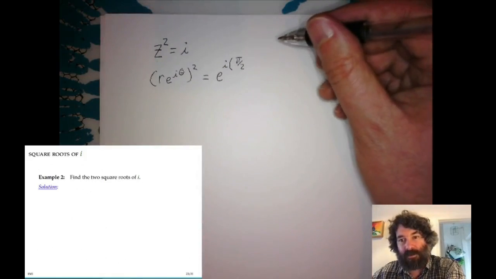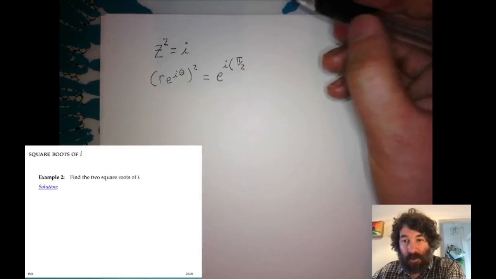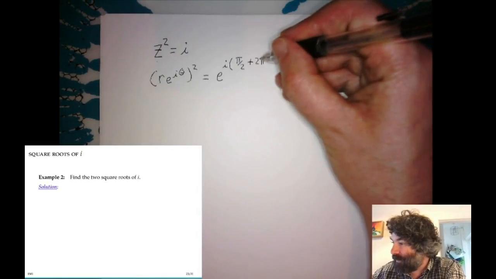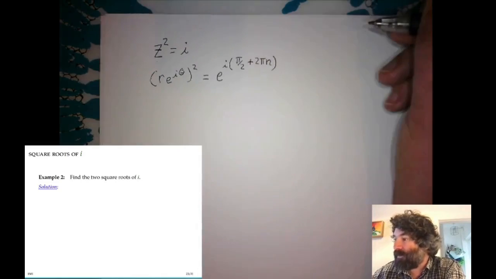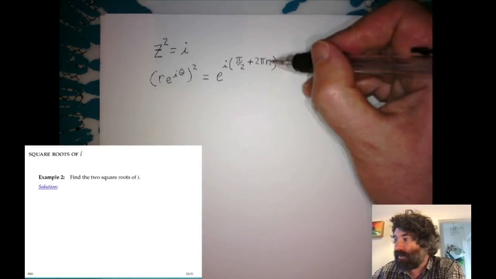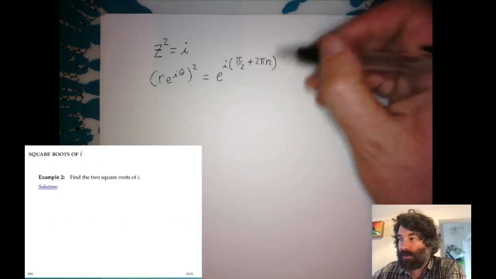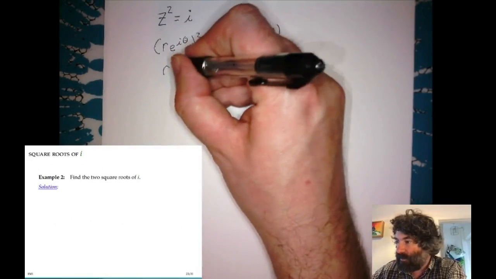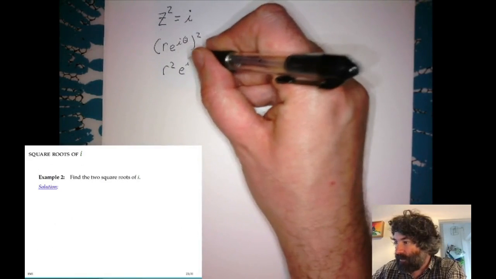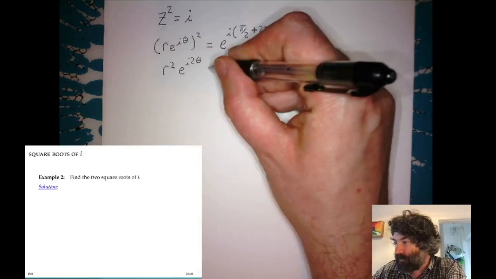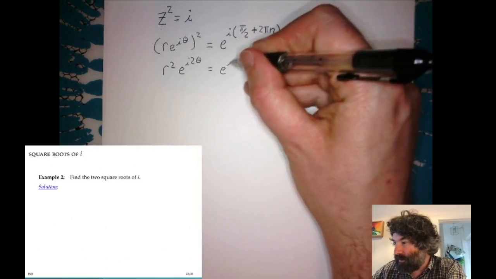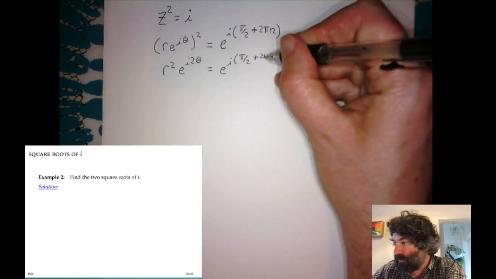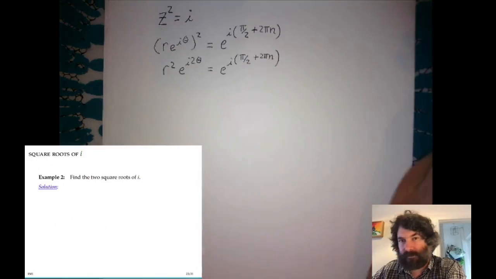But like before, we can allow a multiple of 2π, and we still get i. So let's say π/2 plus 2πn, where n here is an integer. Okay, so we get r² e^(i2θ) equals e^(i(π/2 + 2πn)).